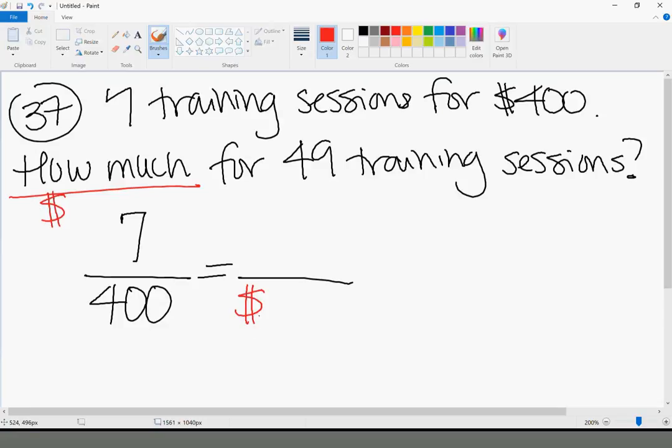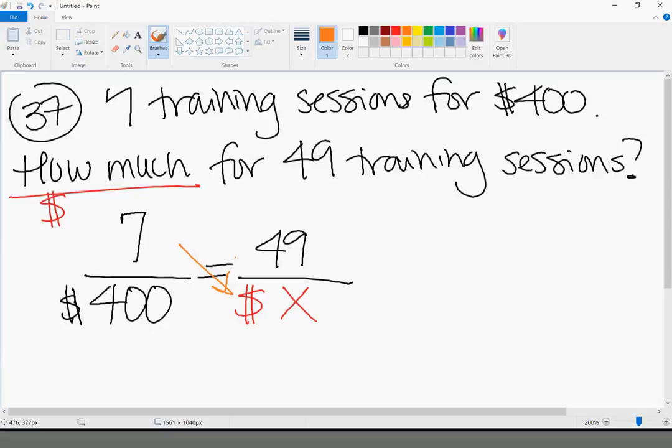So that would be down here, and we don't know that value, so that's going to be X. And so we have 7 training sessions for $400. That's set proportional to 49 training sessions over X number of dollars. So we want to solve for X. So to solve this proportion, we're going to cross multiply.